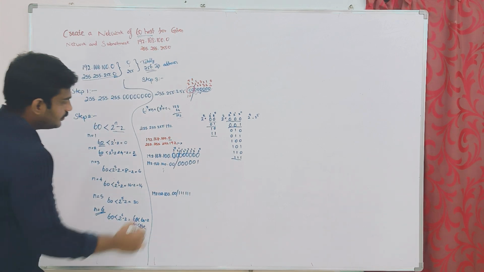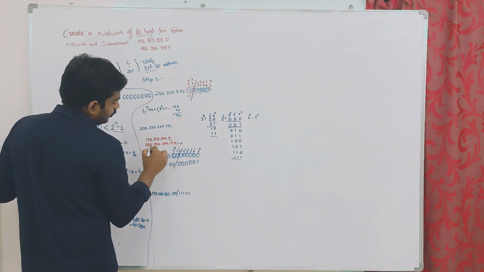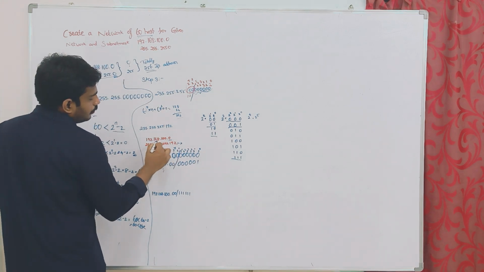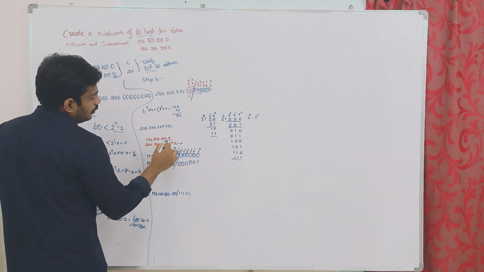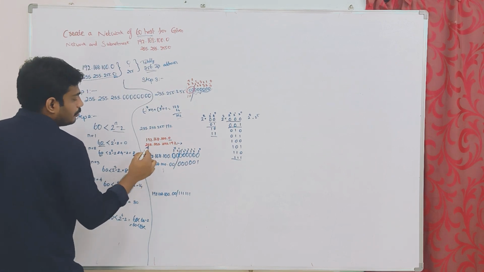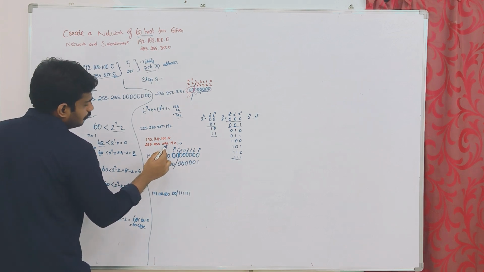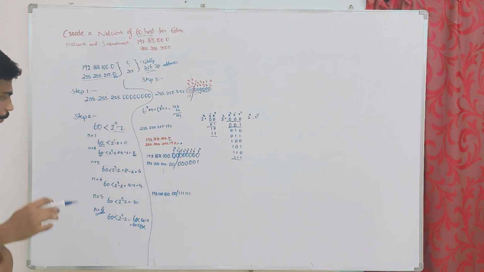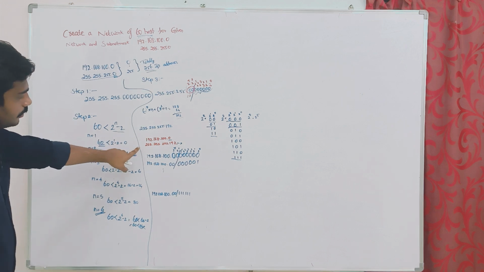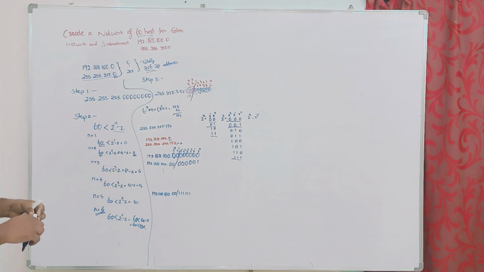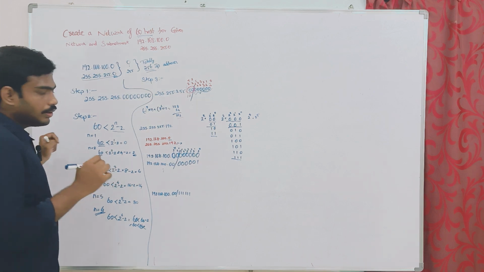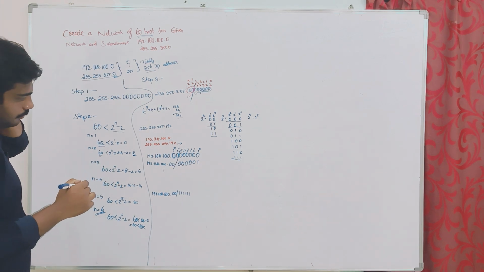Now, for this network, which means 192.168.100.0, and the subnet mask is 255.255.255.192, what is the broadcast ID? I will tell you how to calculate the broadcast ID of this.